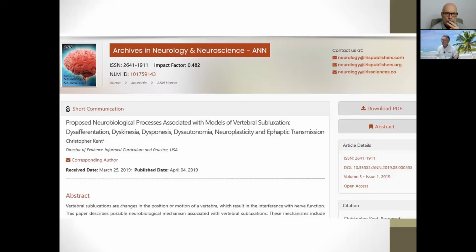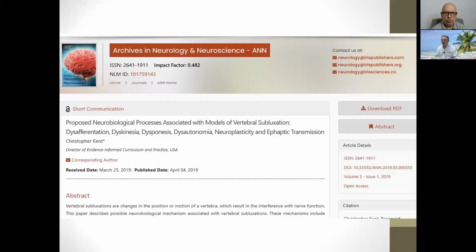Dysautonomia, skin temperature, heart rate variability. Now, neuroplasticity is more a phenomenon of the nervous system rewiring itself rather than a mechanism associated with vertebral subluxation. But when vertebral subluxations are corrected, our speculation is that it has a favorable effect on that.